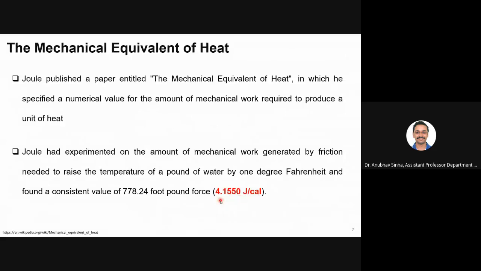So for 1 calorie of heat to the system, you need 4.15 joule. Whatever the liquid you take, whatever the mass, whether you design a system bigger or smaller, he repeated his experiment several times, but he always came up with this value.